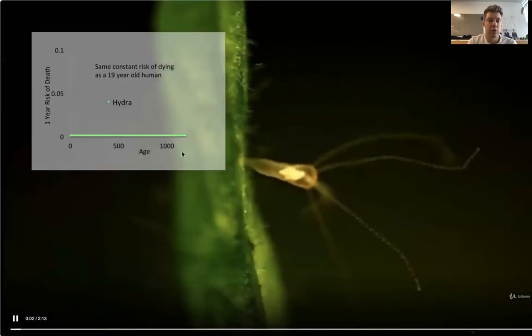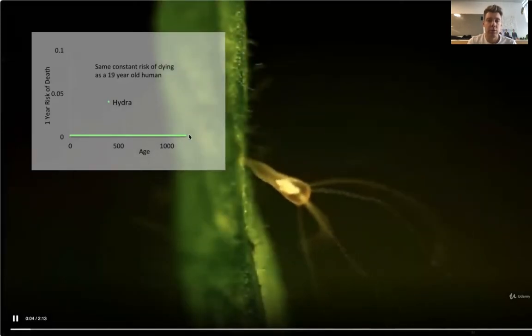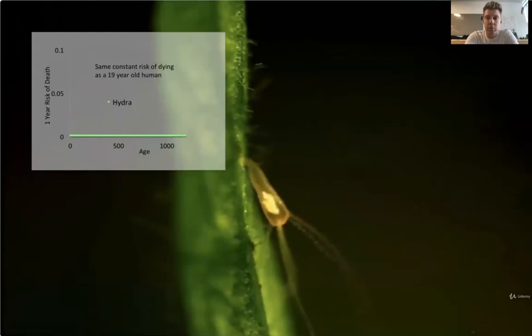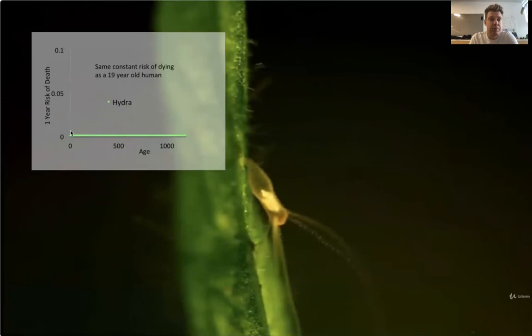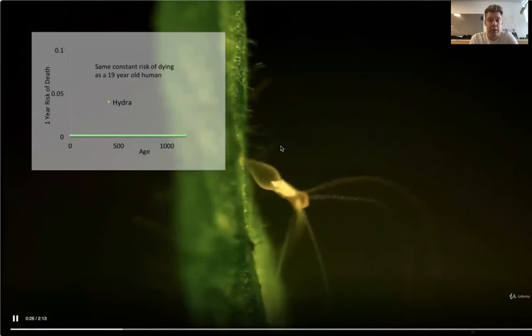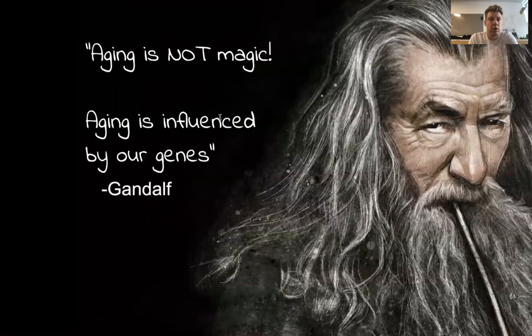And so returning to the risk over time, here we have an organism called a hydra, which has the same constant risk of dying as a 19-year-old human. So in essence, this organism, per our definition at least, does not really age. So aging is not magic.